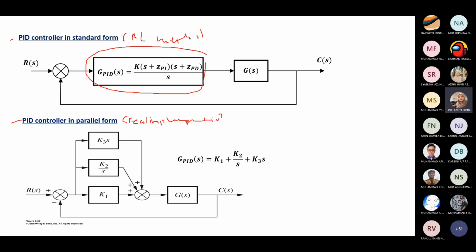So the PID controller is given by this block diagram in parallel form. We have here K1 (Kp), K2 over S (KI), and K3 S (derivative, KD). So the transfer function is given by this equation.